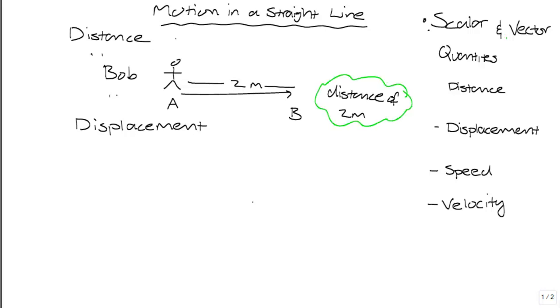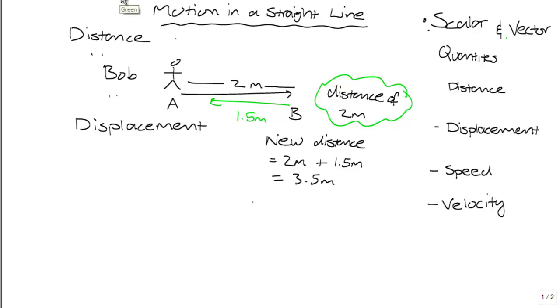If he was now to walk back 1.5 meters, then the new distance in this case would be equal to 2 meters plus 1.5 meters, which is equal to 3.5 meters.